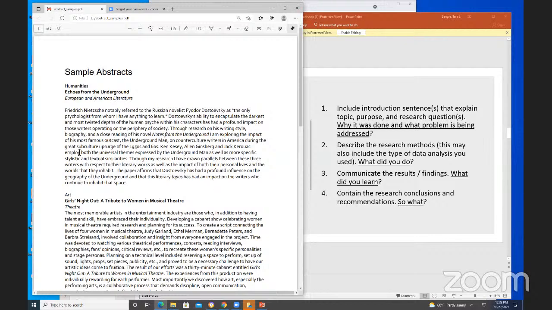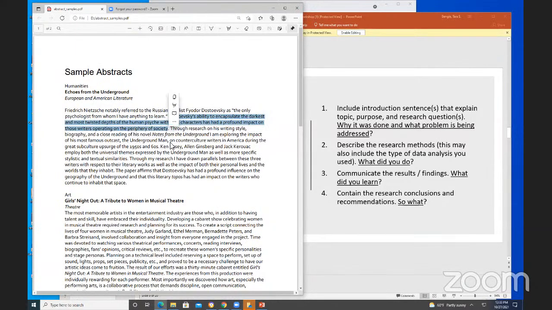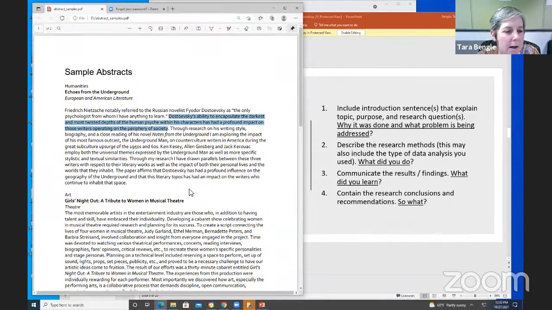Not the first one, but the second sentence. The second sentence starting with Dostoevsky right here. Yes. Yep. I think you're right, because the author of this abstract is beginning with this statement, that Dostoevsky has had a profound impact on many writers. Yep. So I think that's his kind of thesis statement that he's going to go on to talk in more detail about. You're right.